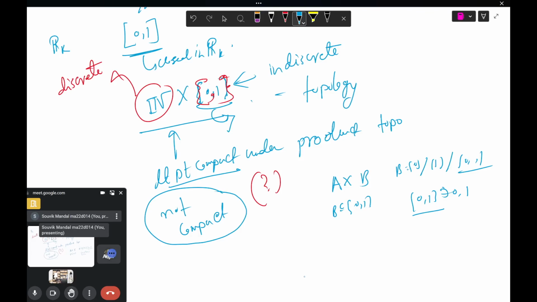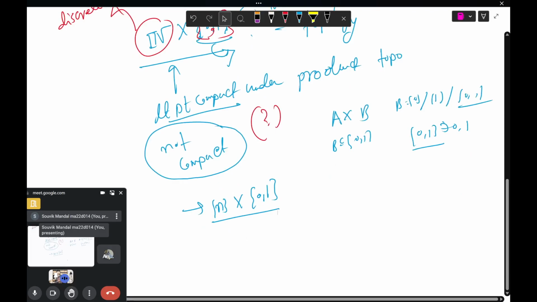Sir, I am taking the covers of the form: all the subsets of N, cross the space {0, 1}. Then it has a finite subcover, so it contradicts because N is infinite.